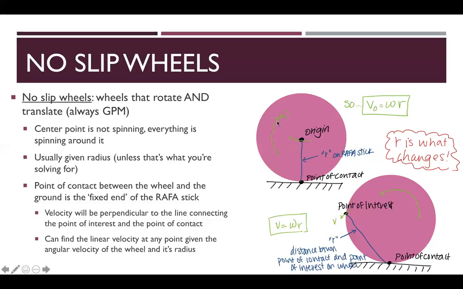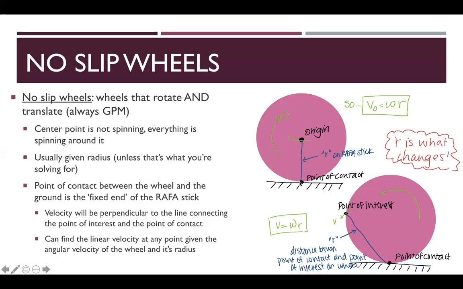The omega should generally stay the same. I drew two different ones here, clockwise or counterclockwise, just to show that it doesn't matter, but regardless of what point on this wheel I'm looking at, the omega stays the same because it's all on the same wheel. The omega is a body property. The rafa stick connects the point of contact to any point, so that initial point stays the same. The only thing that changes is what point I'm looking at.